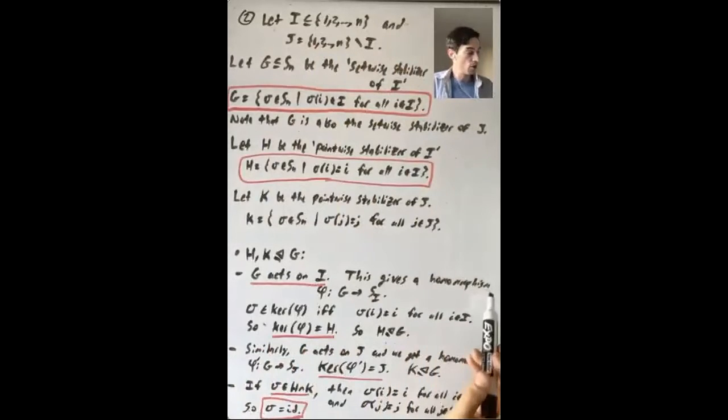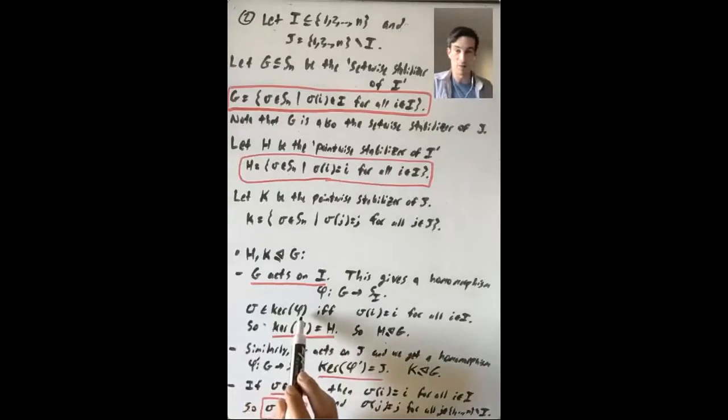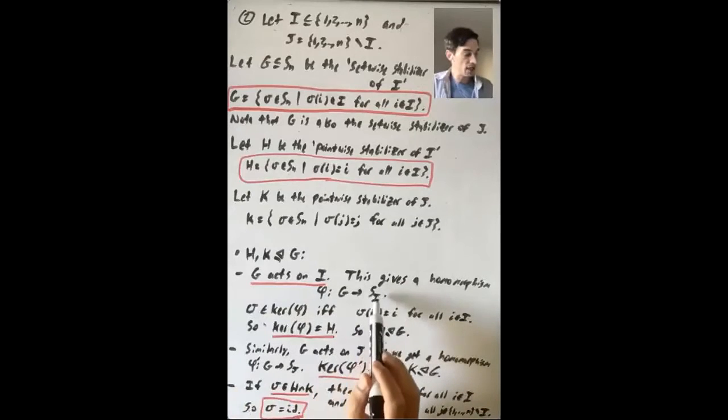That gives us a homomorphism from G to the symmetric group on the elements of I. You put in an element, g in G, or sigma in G, and you get a permutation of the elements of I. All right, well, what does it mean to be in the kernel of this homomorphism? So sigma is in the kernel if and only if the permutation that you get from sigma is the identity permutation.